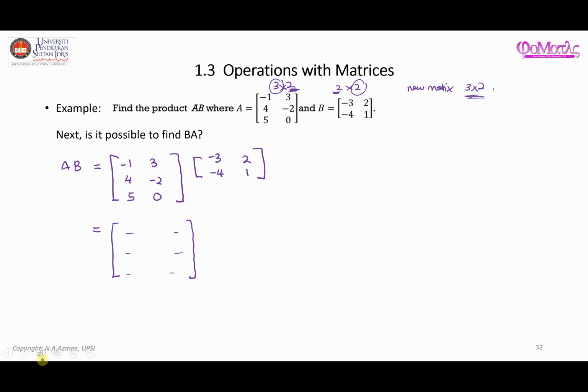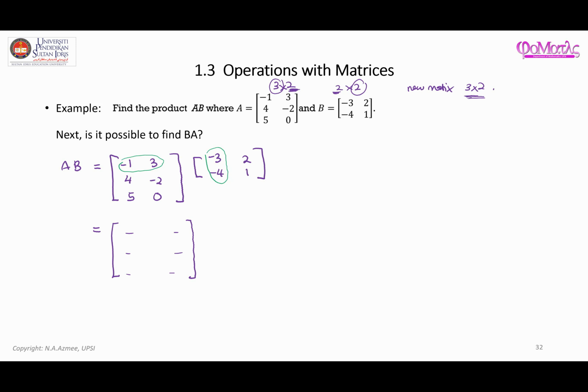Now let's think about what value we need to fill in right here. In order to fill this position with the correct value, you need to consider taking the first row and then the first column.